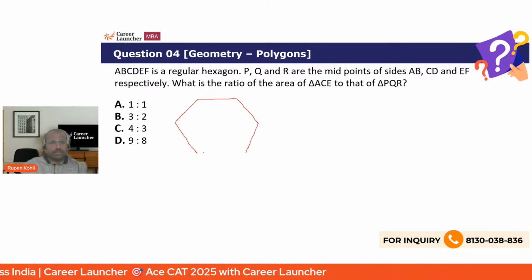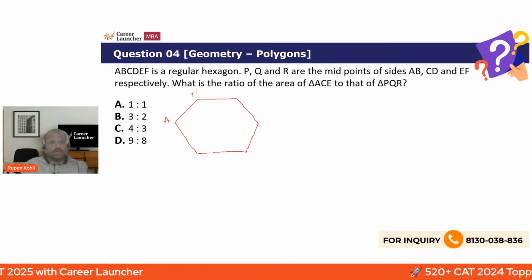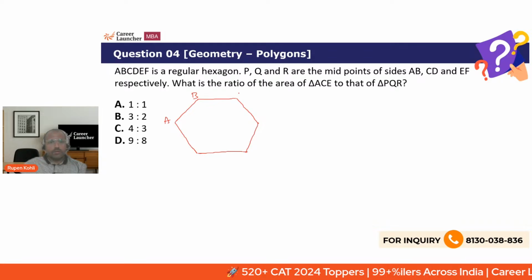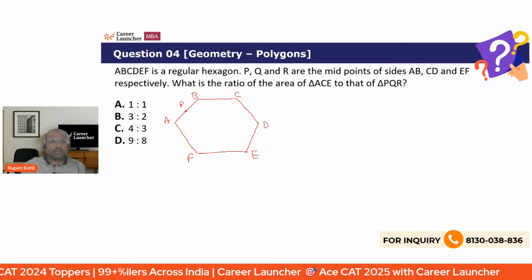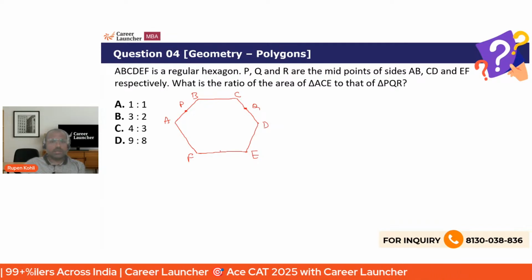All right, something like that. AB midpoint is P, and then this is Q, and then this is R.